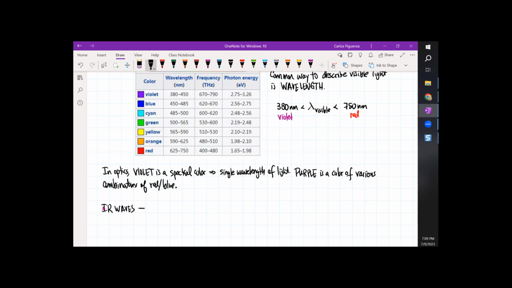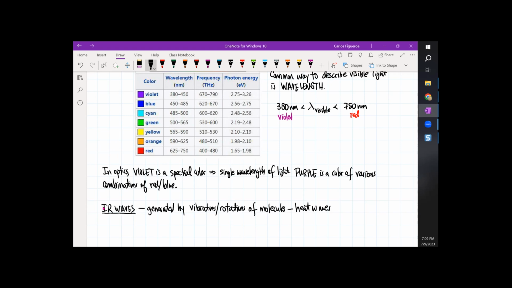These are typically generated by vibrations and rotations of molecules. A lot of the times, these are also called heat waves.